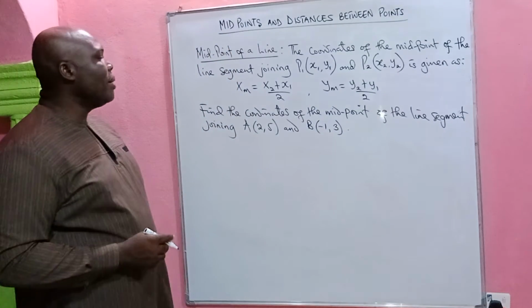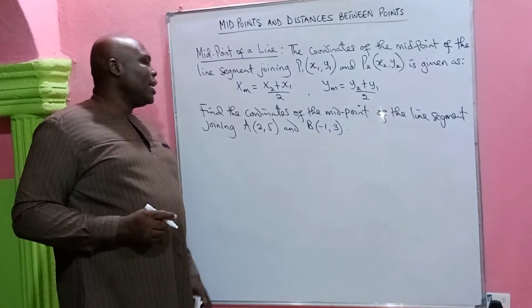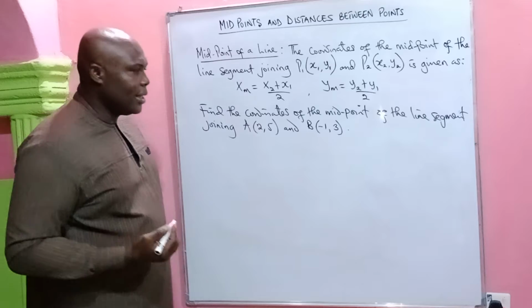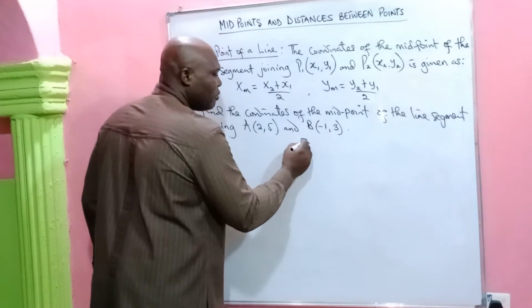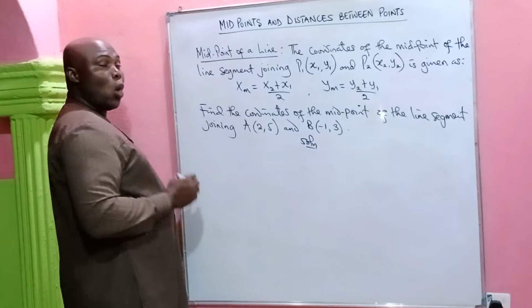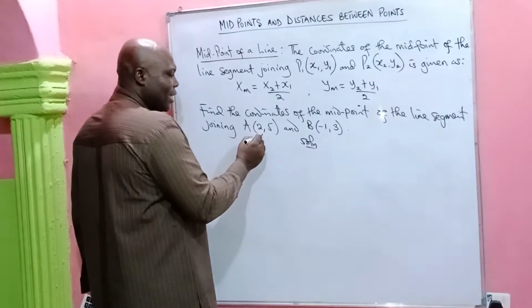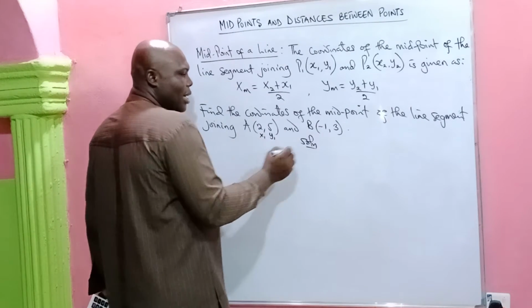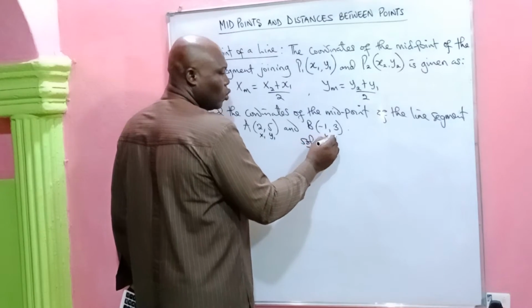We want to find the midpoint of the line segment joining this and this. It's so simple. All you need to understand is that the point here is x1, y1, and this point here is x2, y2.